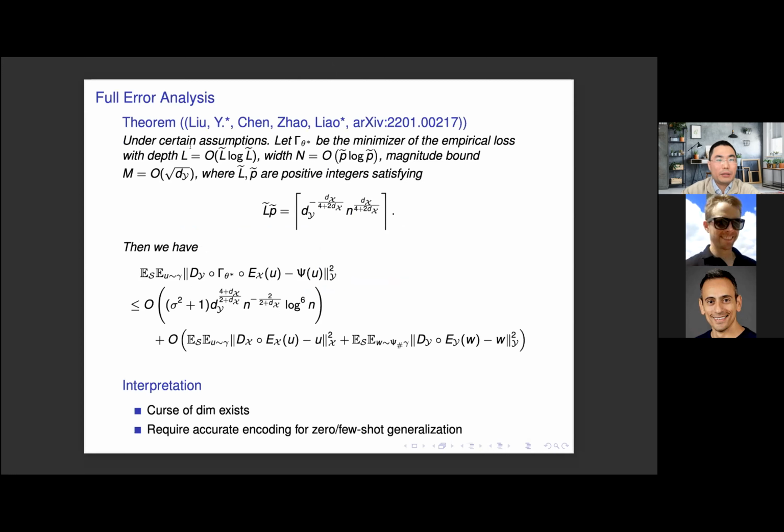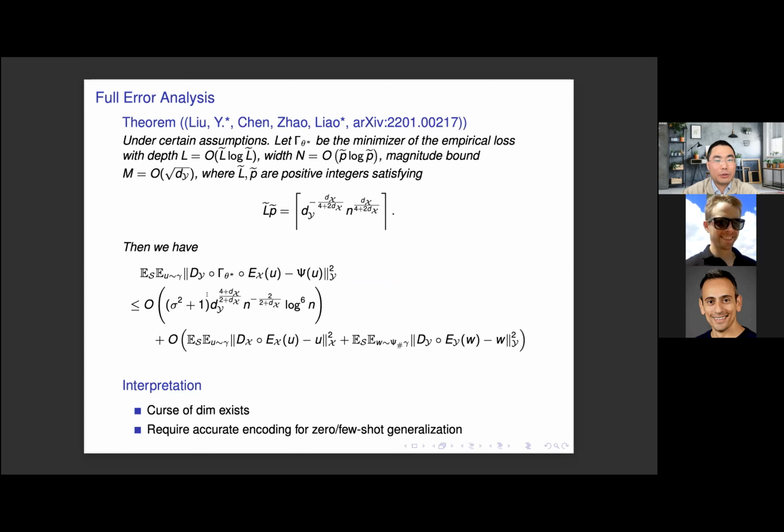So in this theoretical result, we assume that the unknown operator is Lipschitz continuous. And we try to optimize the width and the depth of the neural network to achieve the best possible learning accuracy in terms of the sample number n.